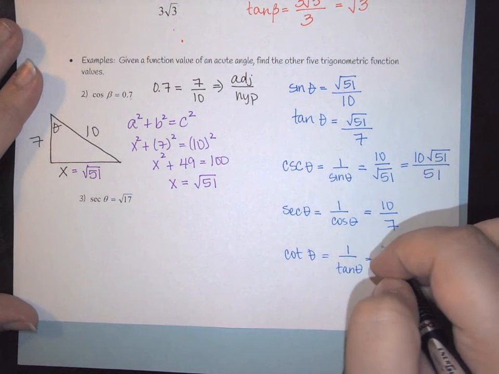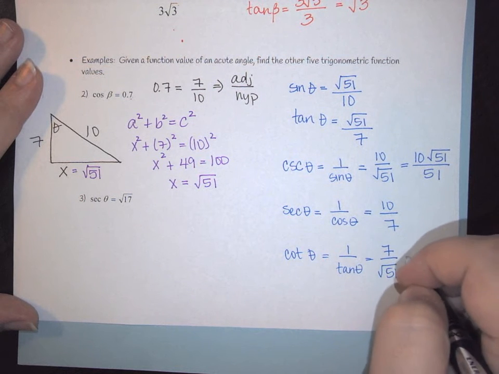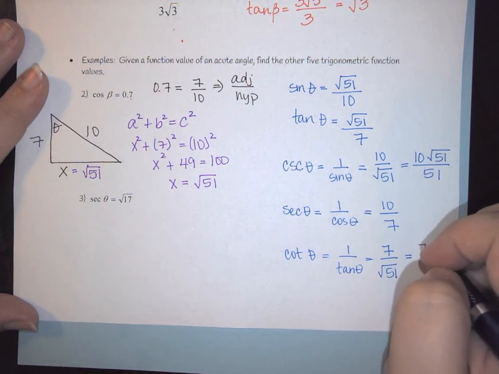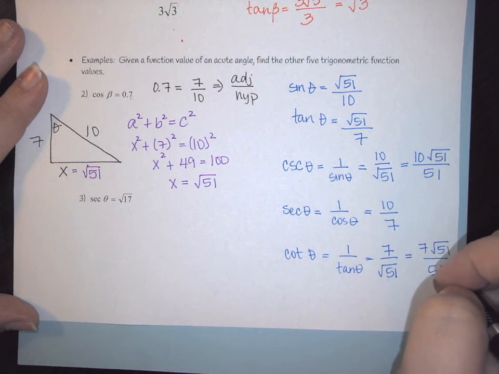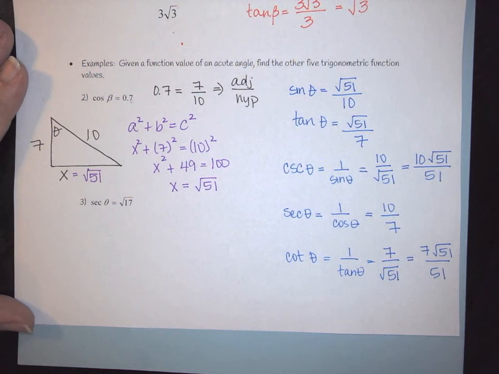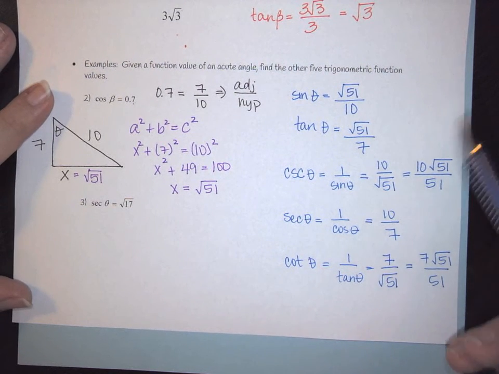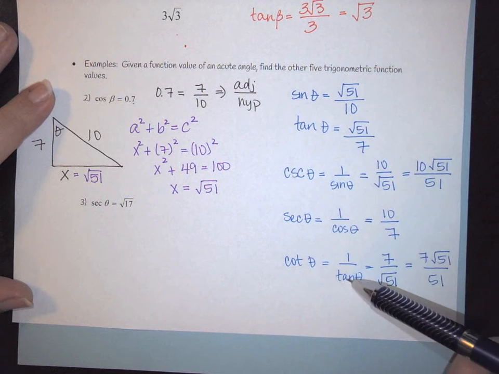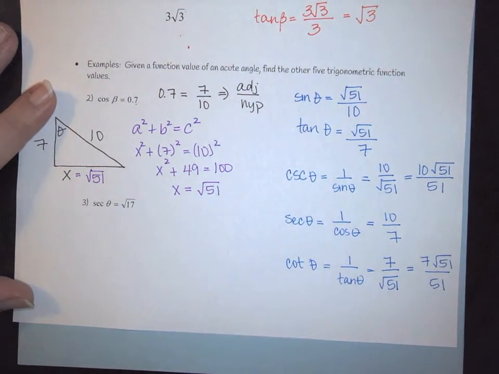So we're going to flip it. This becomes 7 over the square root of 51. After you rationalize, we end up with 7 square roots of 51 all over 51. And so there is a second example of being able to find the missing information given the information provided.